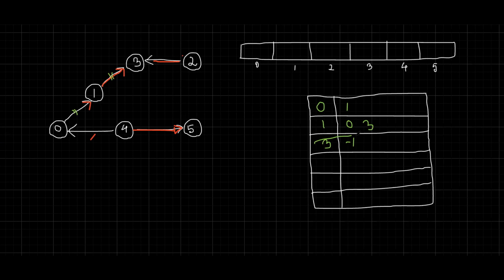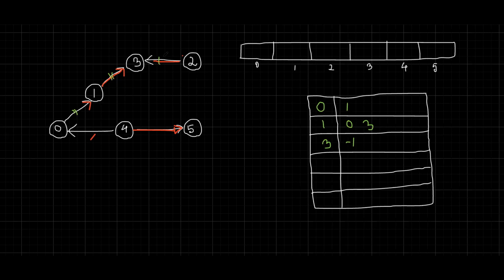This connection, basically 3 and minus 1, depicts that this is the imaginary connection, or that means this negative connection basically denotes the incoming connection from 3 to 1. But as there is no connection in the original graph from 3 to 1, so we have to insert minus 1 in the adjacency list of 3.